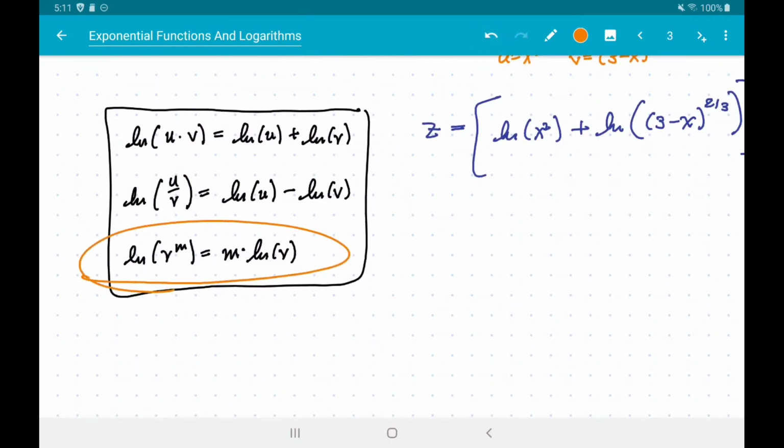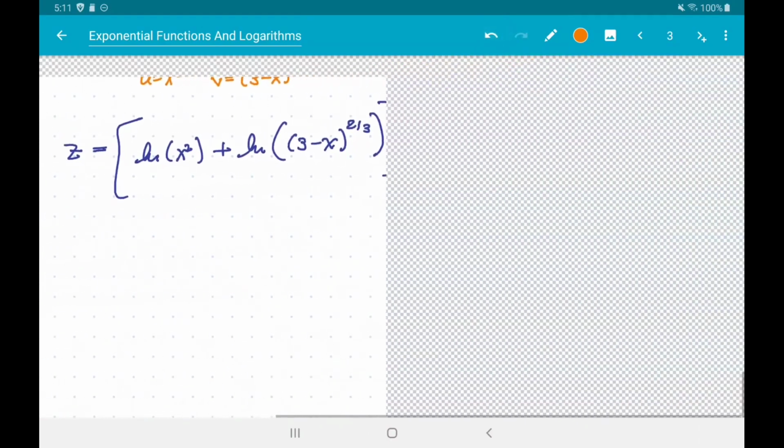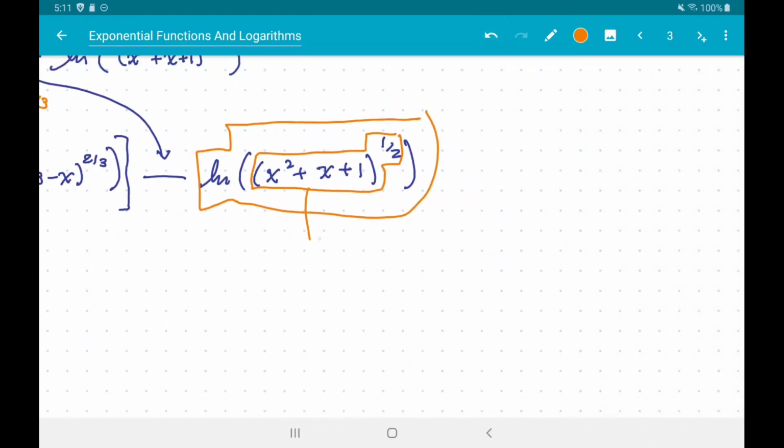Yep, this one, ln of a number to a power. Okay, so this time the base is everything except for the power 1/2, and the m is the 1/2 in the power 1/2.